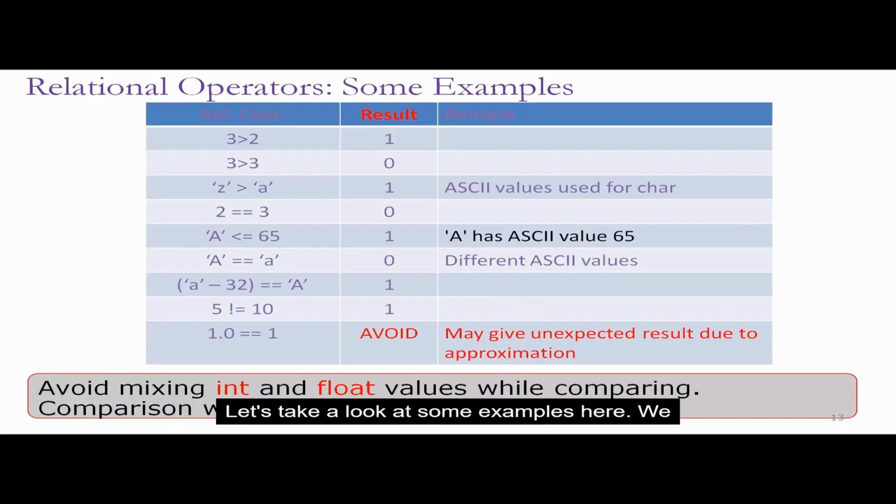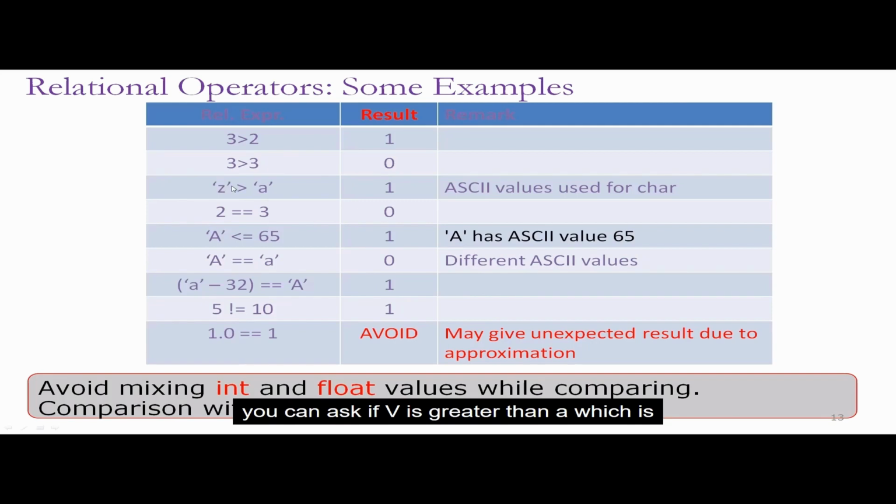Let's take a look at some examples. Here we can see when 3 is greater than 2, this is tested. The result is 1 because 3 is greater than 2. When you ask the question, is 3 greater than 3? The answer is no, it is not greater than. If you had asked, is it greater than or equal to 3? The result would have been 1.